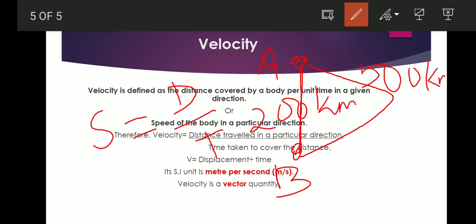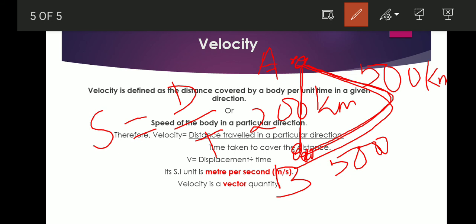Then in this case, you are traveling with a speed of 50 kilometer per hour. Let's say 500 kilometer per hour, you use that speed to reach city B.